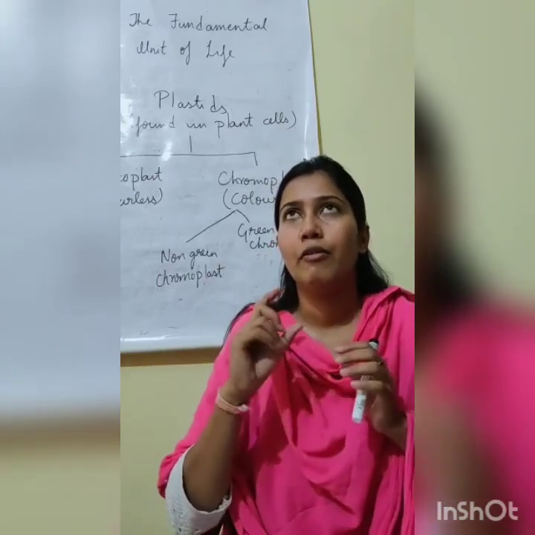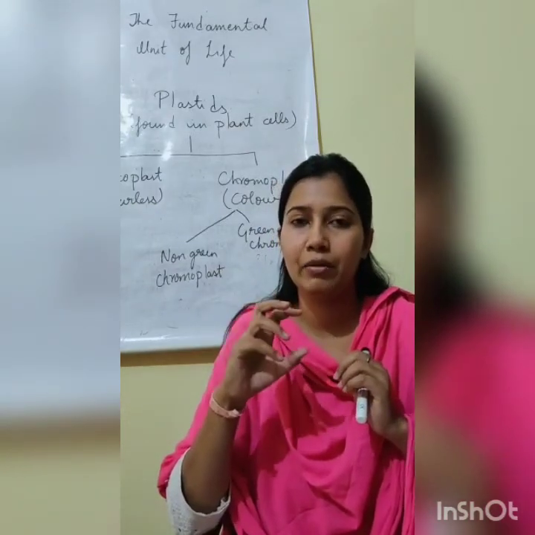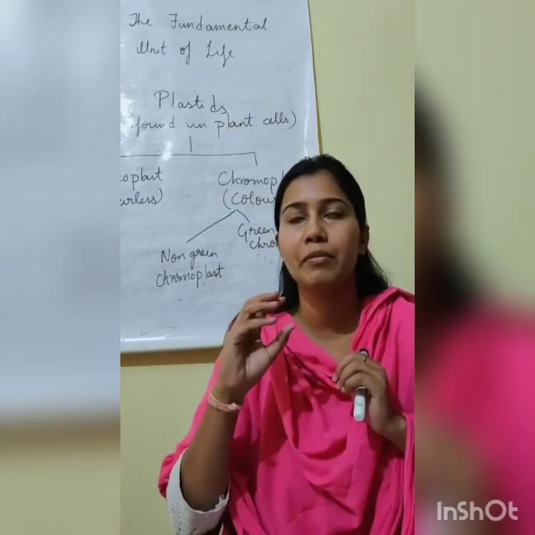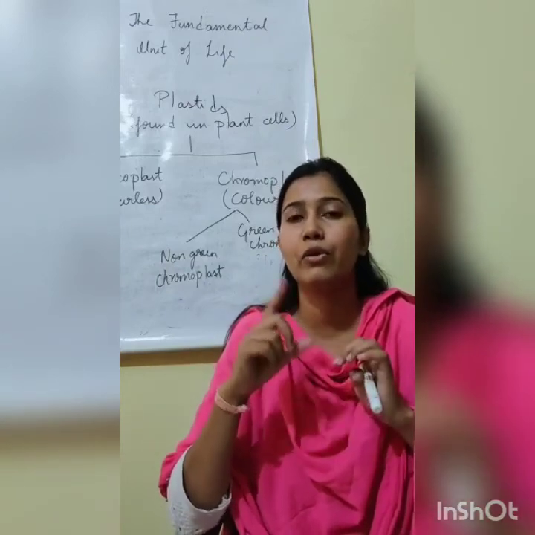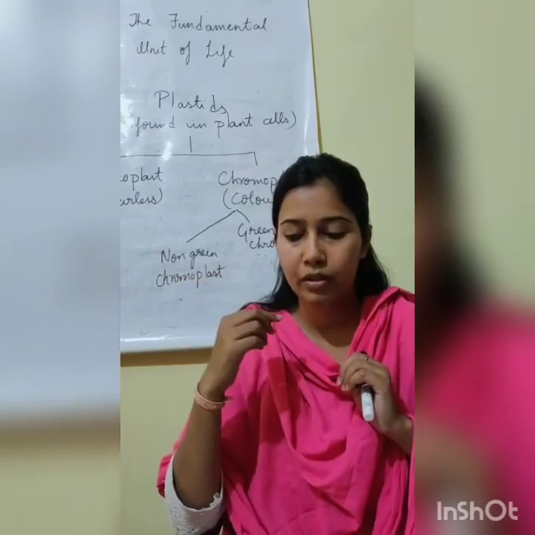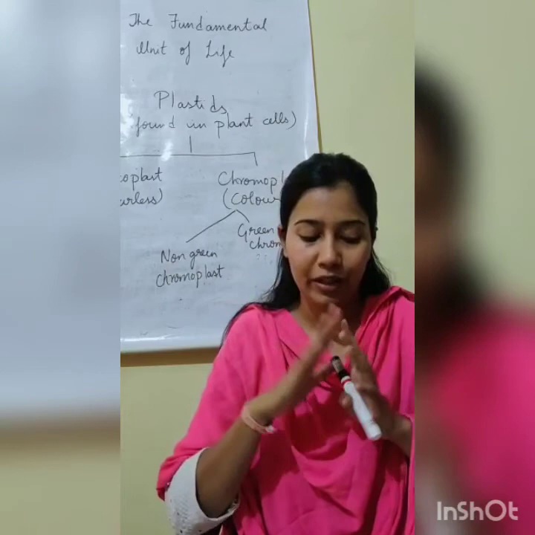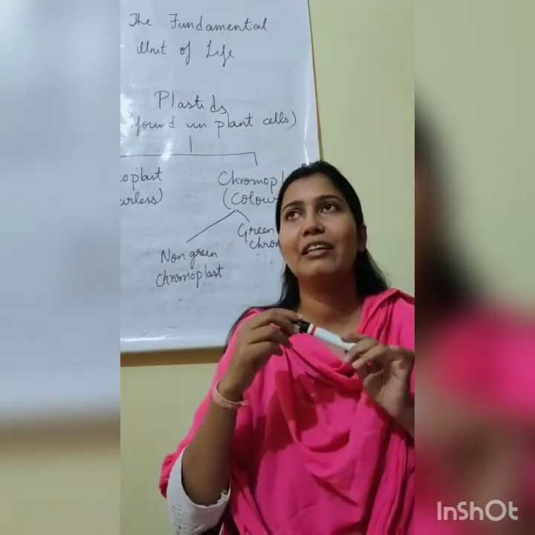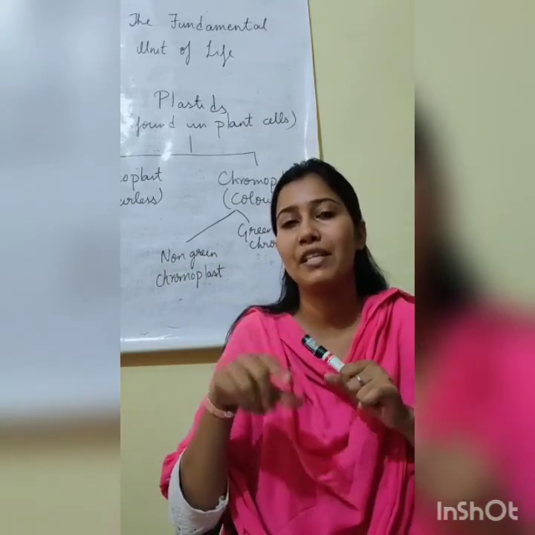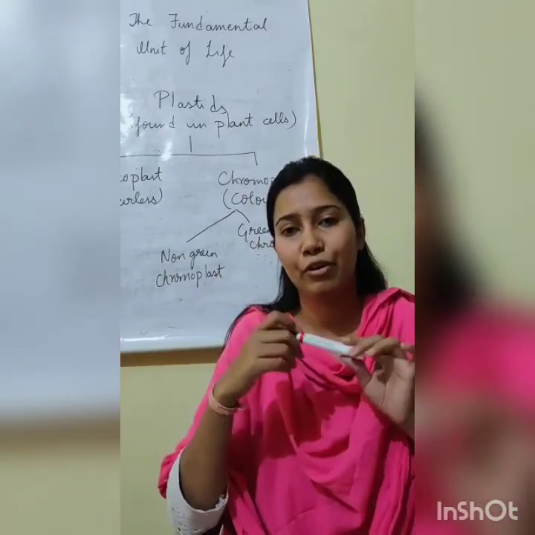Vacuoles in plant cells are present in the middle of the cell, and the nucleus is present at the periphery of the cell.